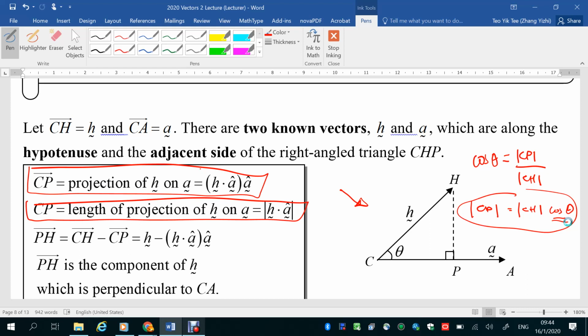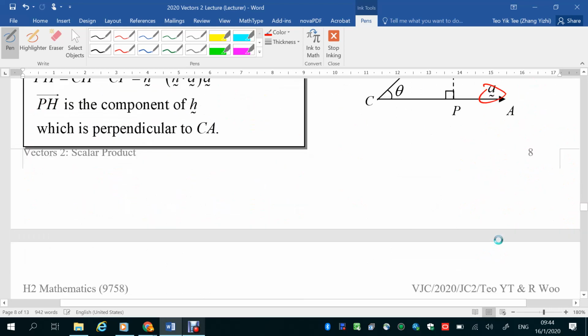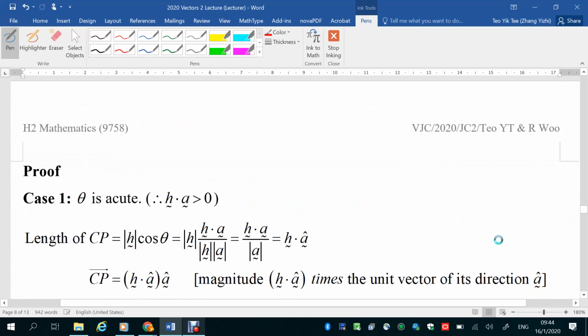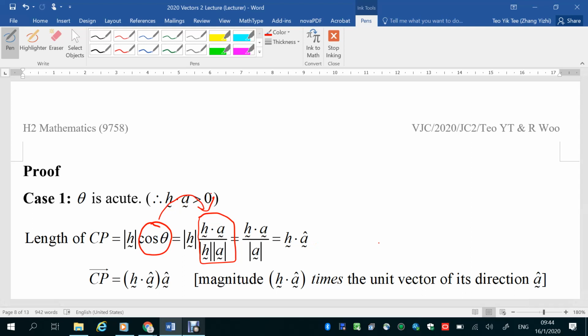So let's look at this diagram now. CH is equivalent to this based on your dot product: CH dot with CA, divided by magnitude CH, divided by magnitude CA. Can you follow so far? So this is via the dot product.